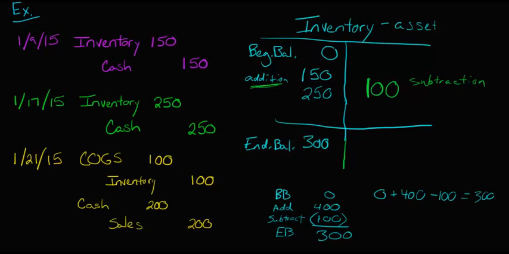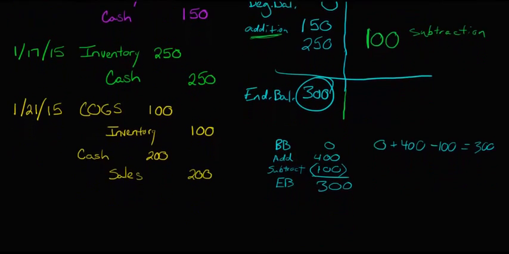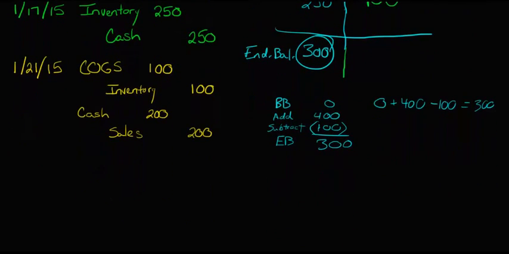So now if we ask, how much inventory do we have right now? We can say we have inventory of $300. You can set up T accounts for pretty much any account that's ultimately going to go in the financial statements: accounts receivable or cash, or liabilities like accounts payable, or equity accounts like retained earnings.